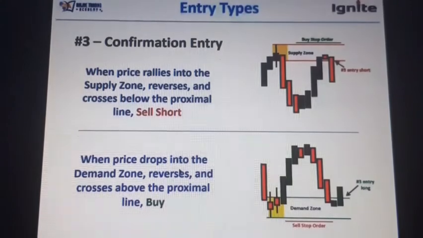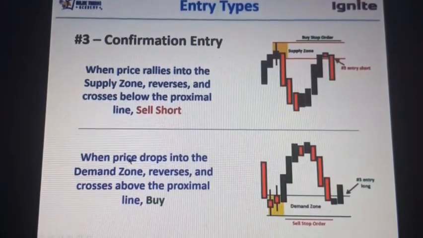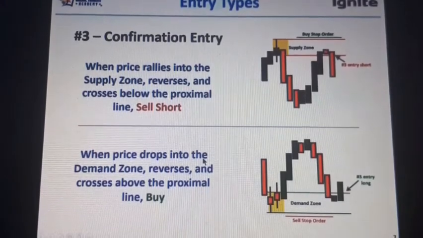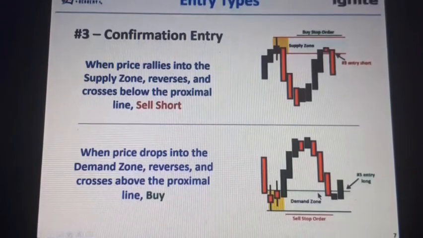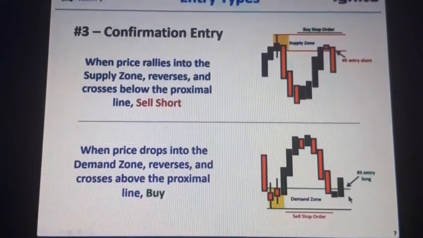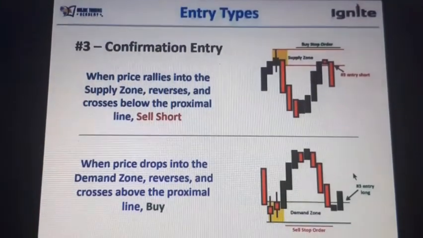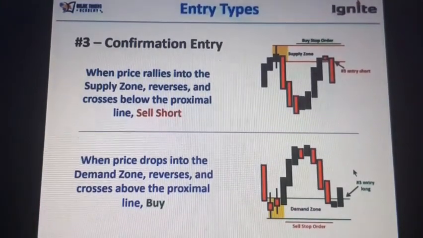Now similarly, in case of a demand zone, when price drops into the demand zone and reverses, one of the candles closes inside the demand zone and the second or the third or the fourth or the fifth is leaving the zone. That is where you take your confirmation entry.